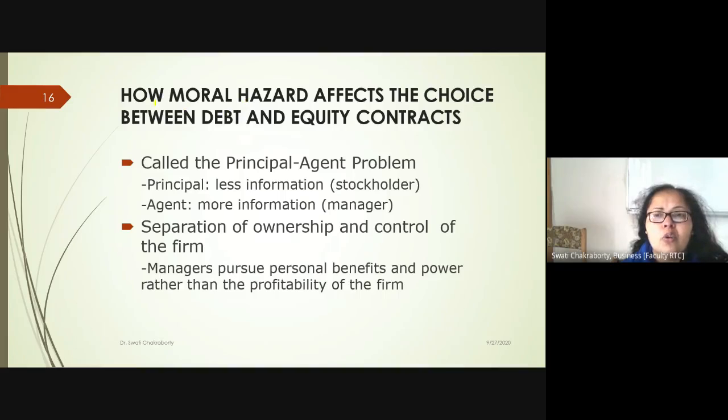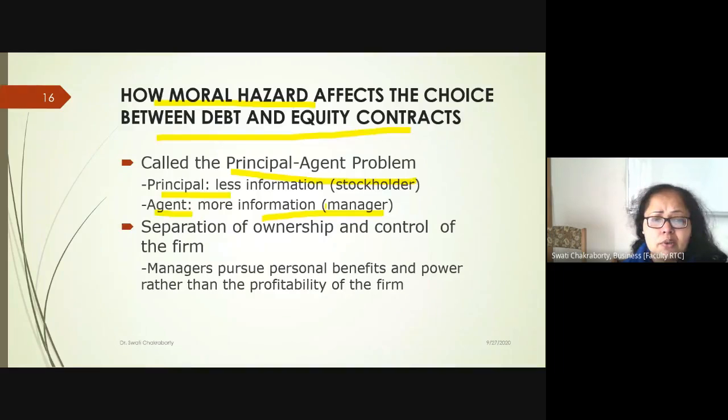So, how does moral hazard affect this? It is called the principal-agent problem. The principal is the stockholder, who has less information, and the agent, the manager, has more information. So that's where the problem comes out.